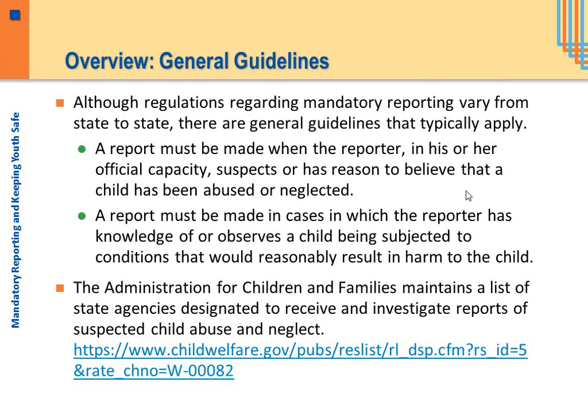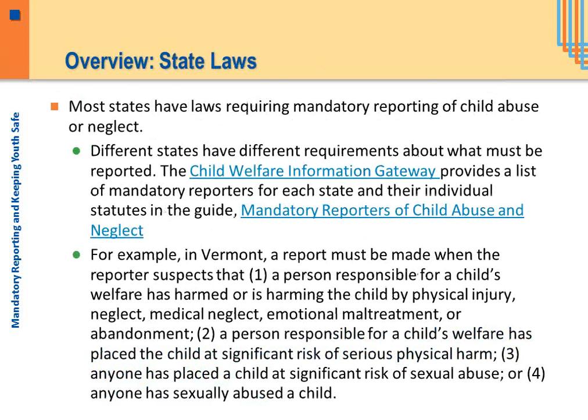The Administration for Children and Family maintains a really terrific list on the internet of state agencies designated to receive and investigate reports, so that you can click on this link and find your state, and it actually gives you all of that information. And different states have different requirements about what must be reported.